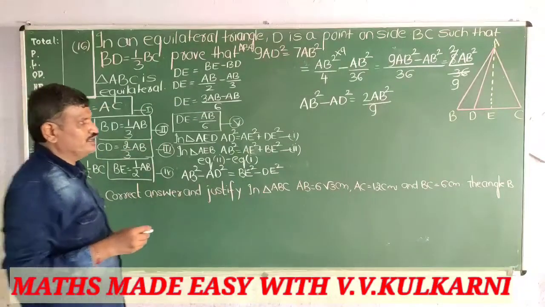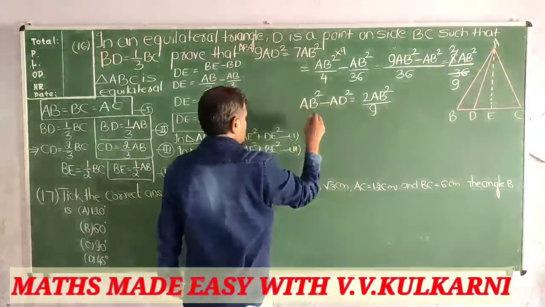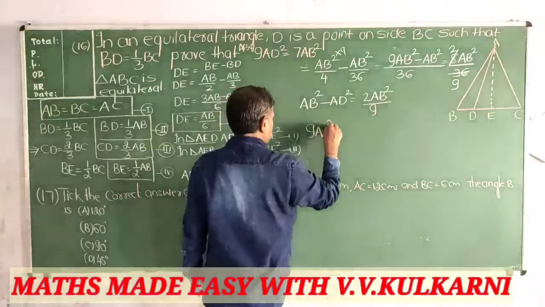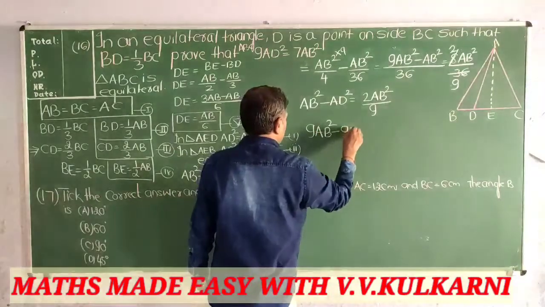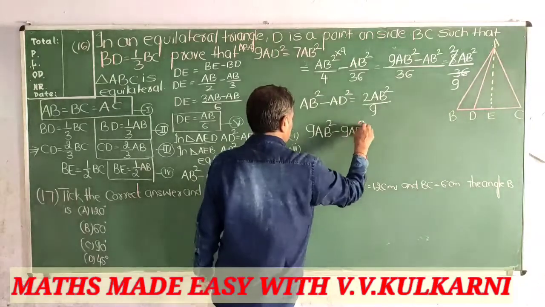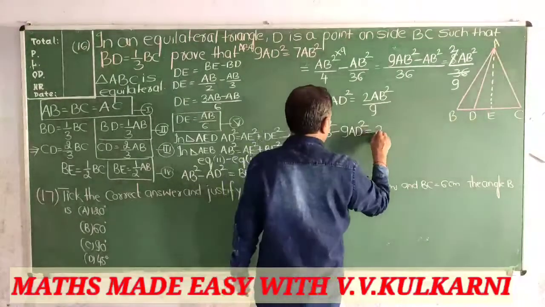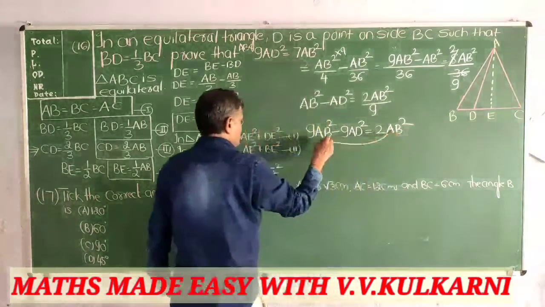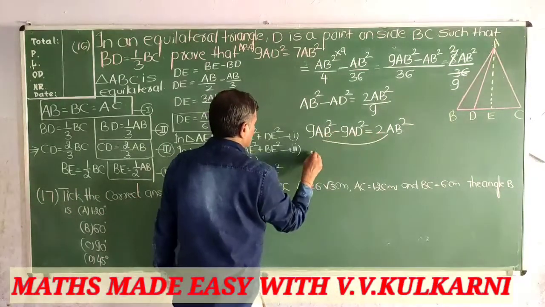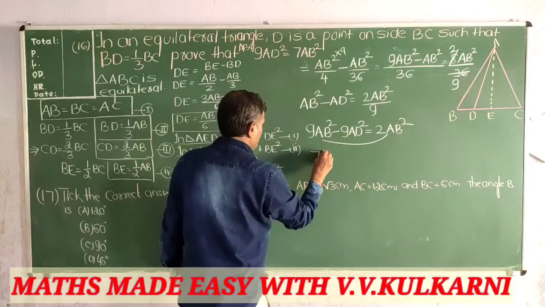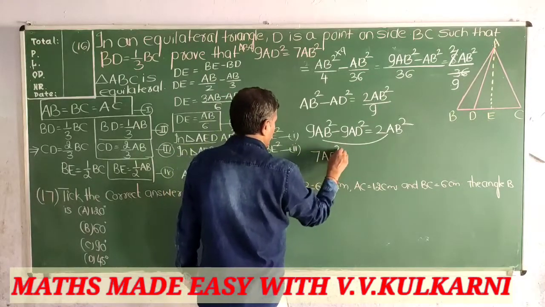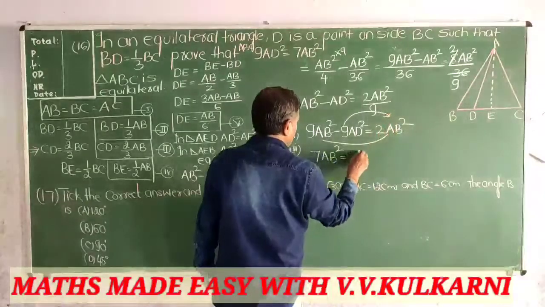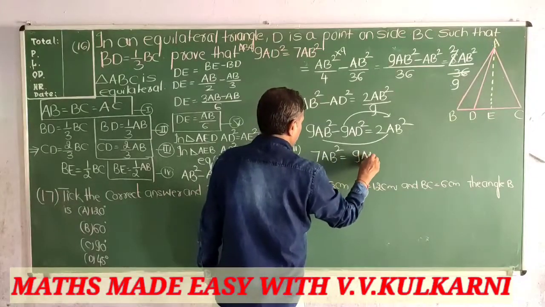2AB square by 9. If I cross multiply, then I get 9AB square minus 9AD square is equal to 2AB square. If I transpose this, 9AB square minus 2AB square will be equal to 7AB square, and 9AD square transposed to that side will be 9AD square.